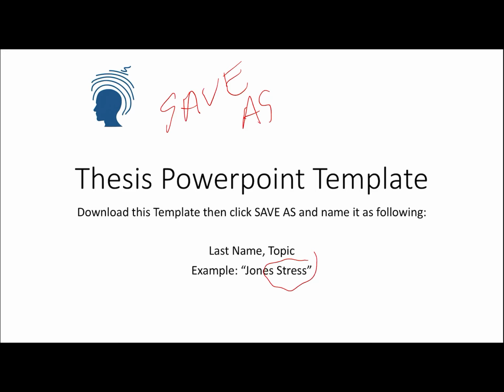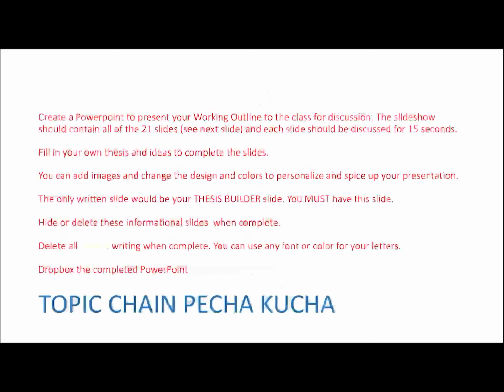You want to save as, and then you're going to Dropbox this PowerPoint. You're going to use this PowerPoint to create your own. You can just write over this one, and then you'll be ready to go and write your paper and turn it in. So here are some instructions.